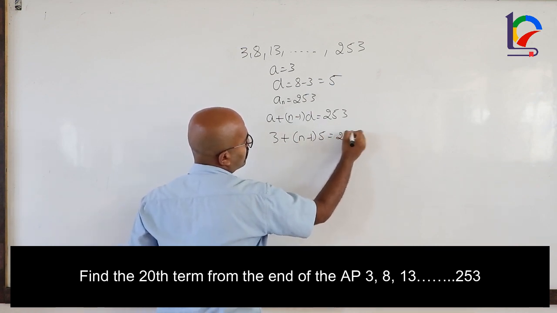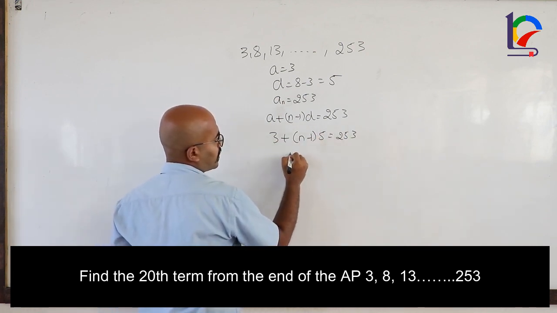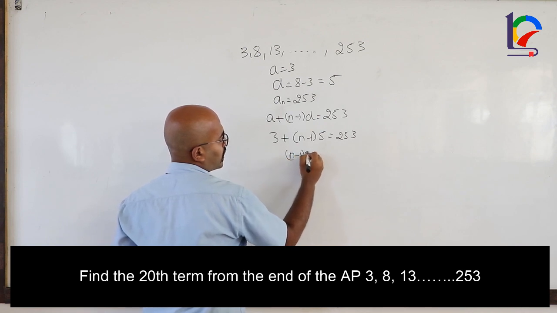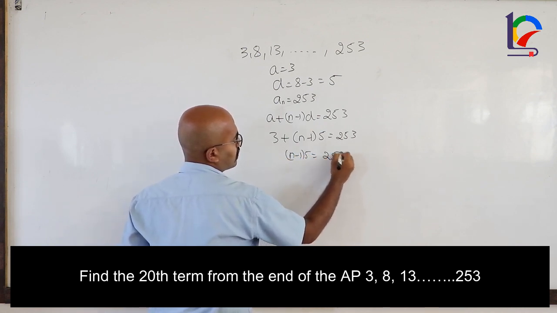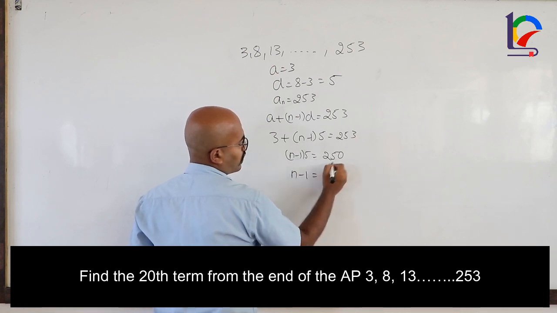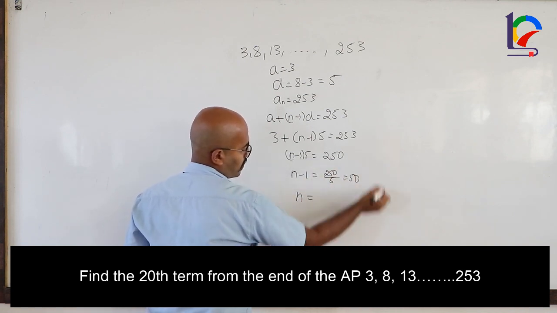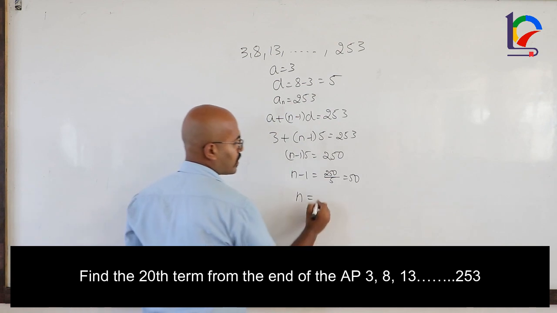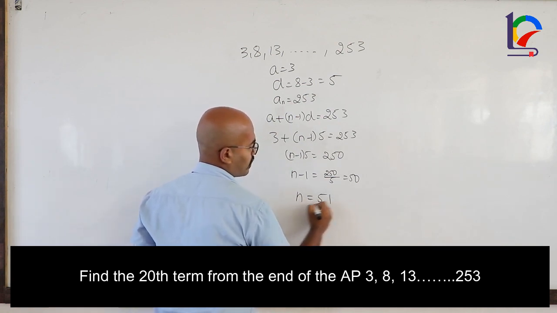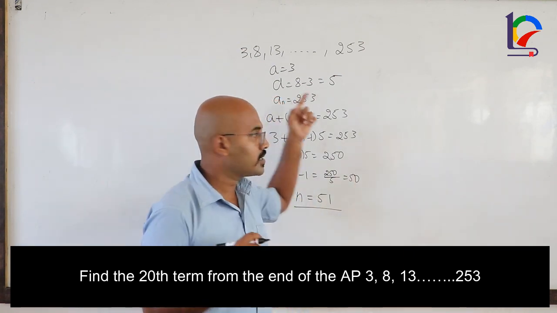So if you take the 3 to the other side, n minus 1 into 5 is 250. What is n minus 1? 250 divided by 5, that is 50. What is n? Take minus 1 to the other side, it will be 50 plus 1, so 51. So totally there are 51 terms in this sequence.